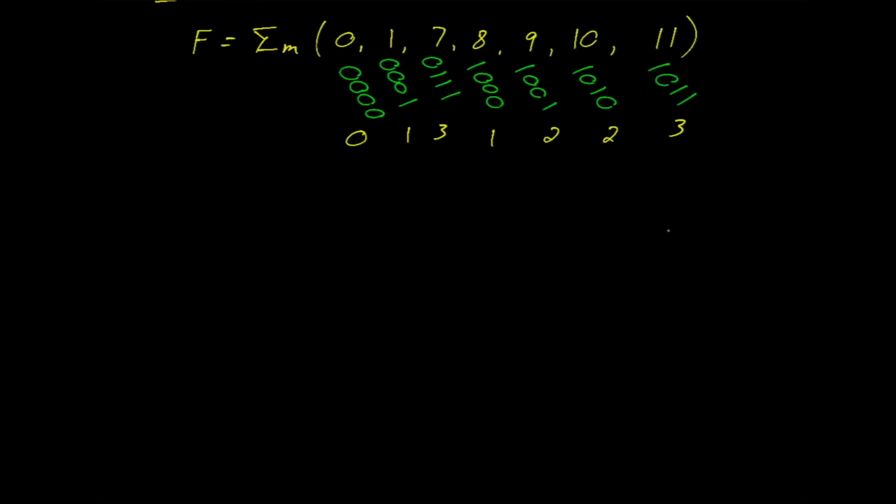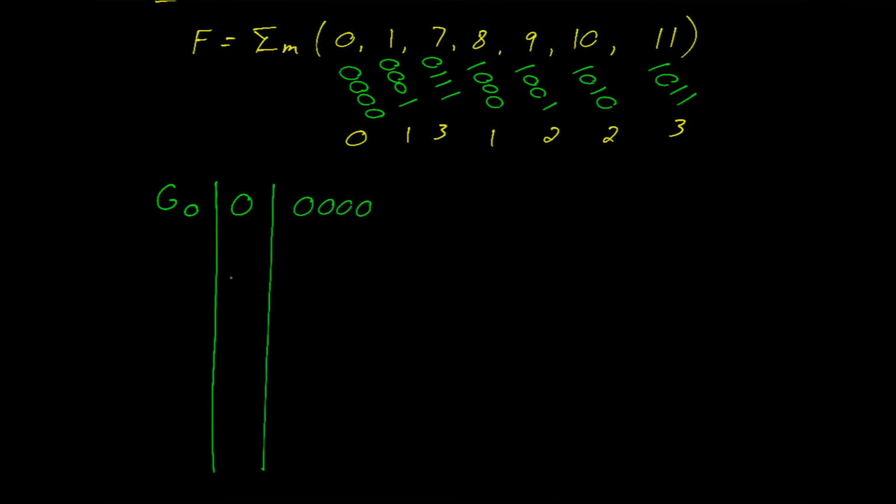The next step of the algorithm is to group each minterm according to the number of ones contained in that minterm. There's a group with 0 ones. That would be minterm 0, where minterm 0 is described as 0, 0, 0, 0.